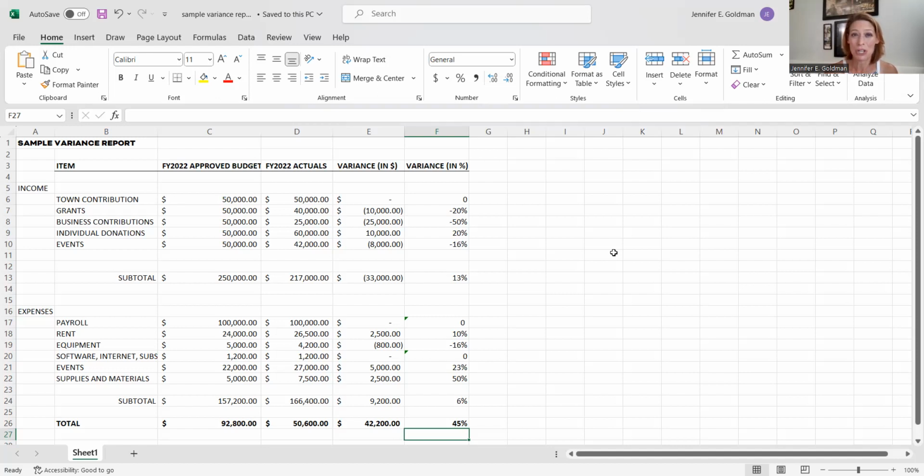That's huge. Even though you look at some of these little variances and go, that's not a big deal, when you look at the big picture, we came out 45% less in that year as our net revenue than we had planned. That's a big variance. That means $42,000 that we may have planned for next year and some of our projects we now don't have. Where is that money coming from?